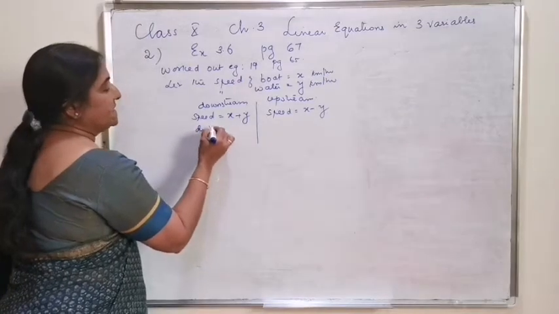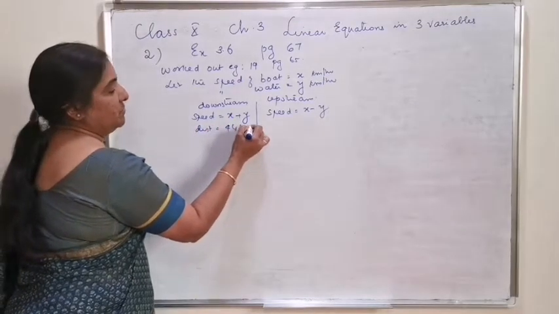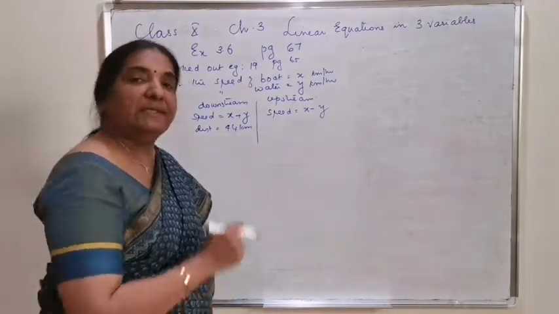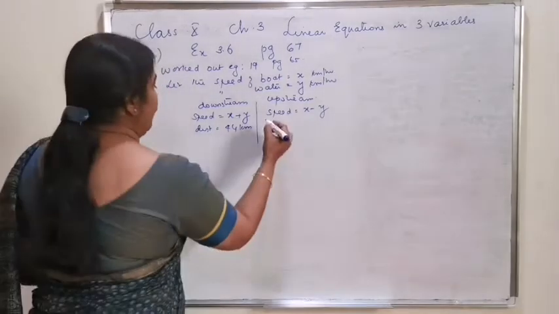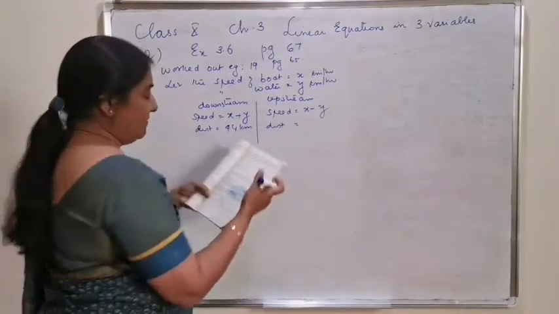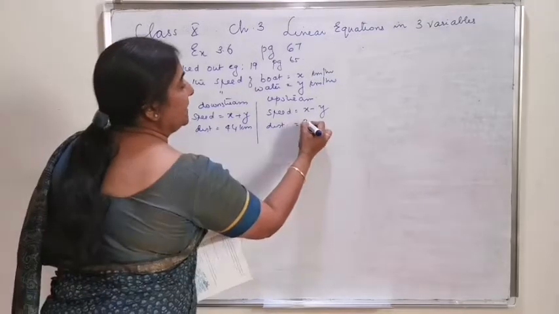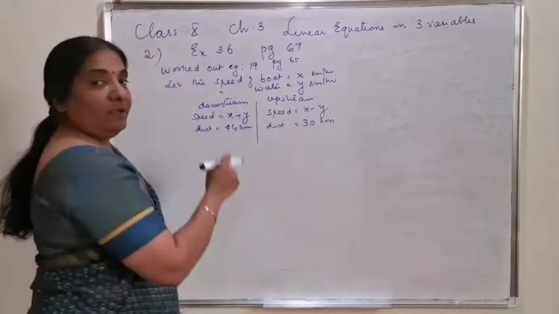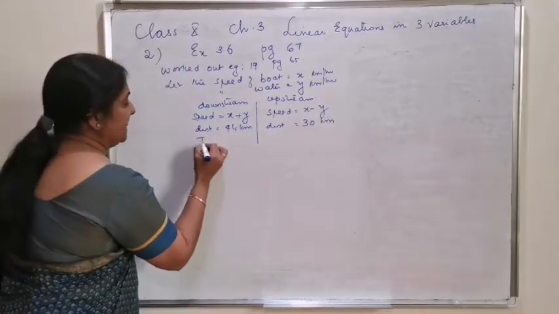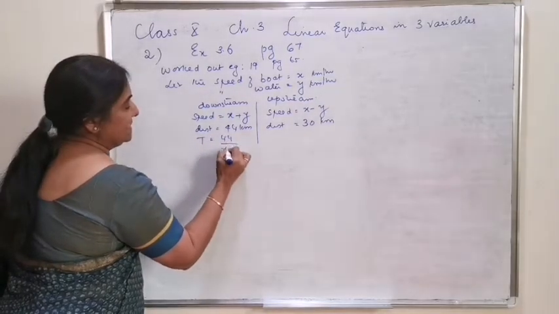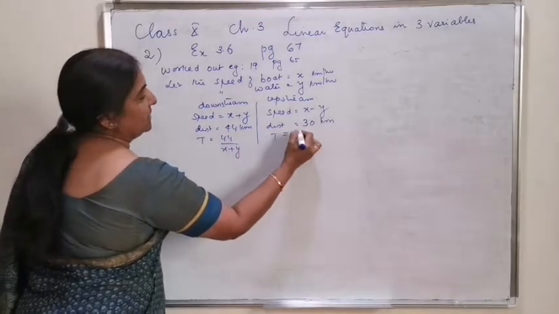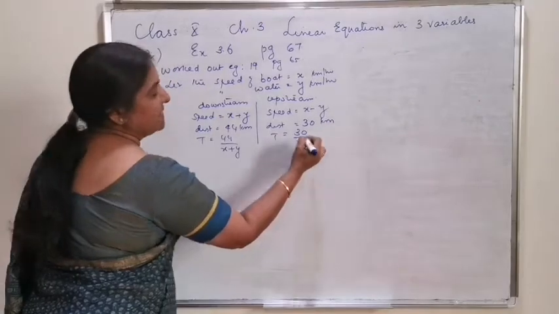Normally the distance will be more in downstream. As I already mentioned, the movement is easy and the distance covered here is 44 km. When you know speed and distance, time is equal to distance by speed.